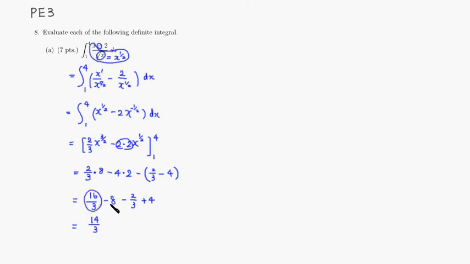Combining negative 8 and the positive 4, you have minus 4. But the 4 is the same thing as 12 over 3, so 14 over 3 minus 12 over 3, therefore it's 2/3. Alright, that's it. I hope that this was clear.